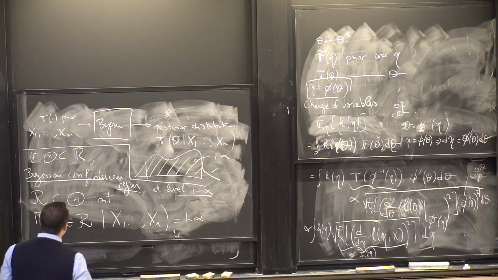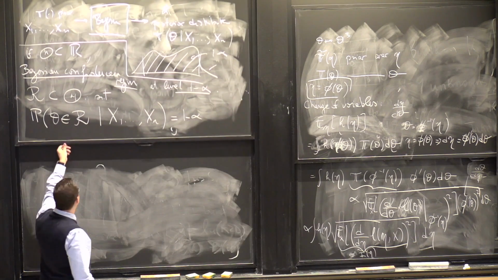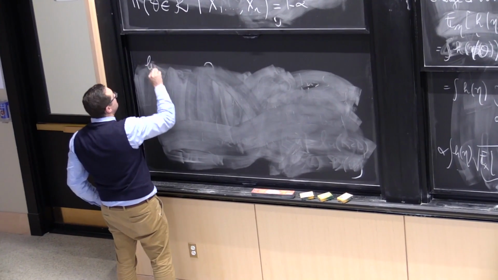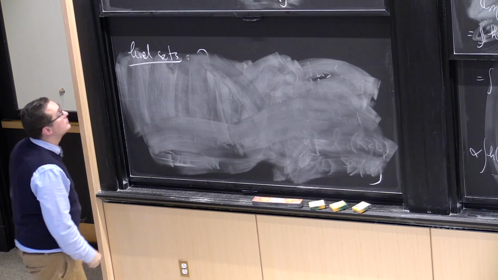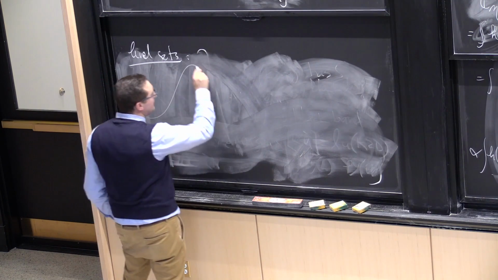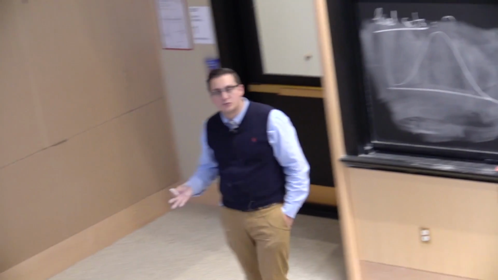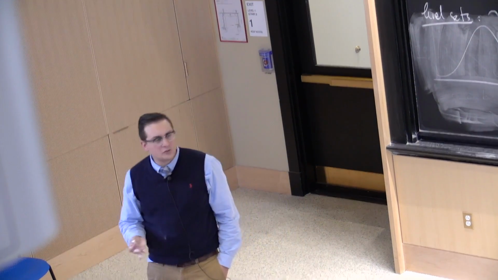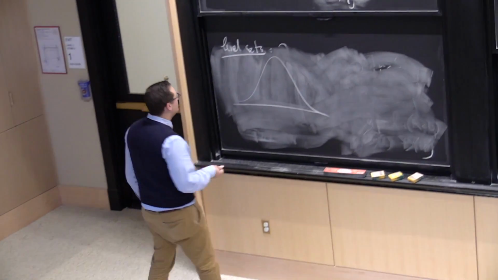So one way to do this is to look at level sets. So let's say my posterior looks like this. I know, for example, if I have a Gaussian distribution, my posterior is actually going to be Gaussian.